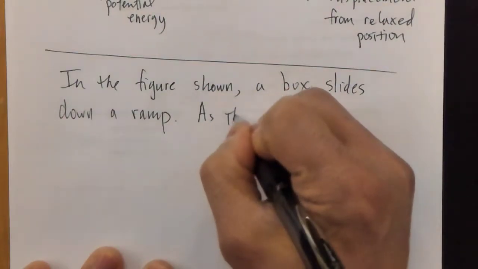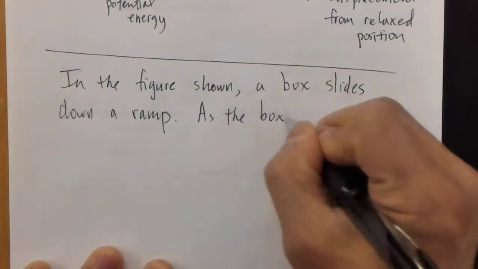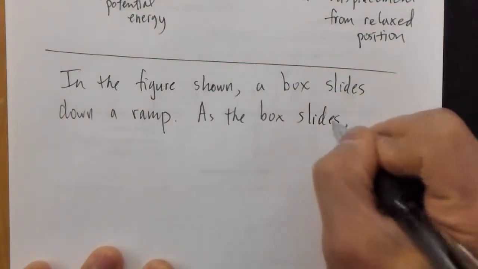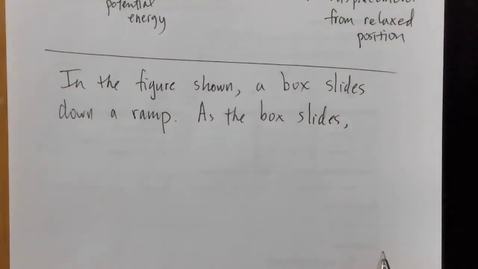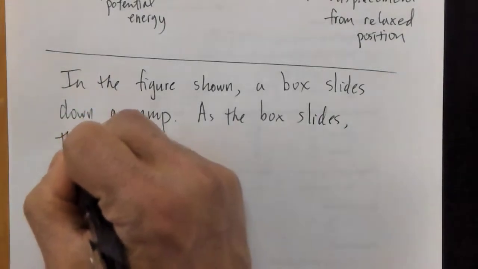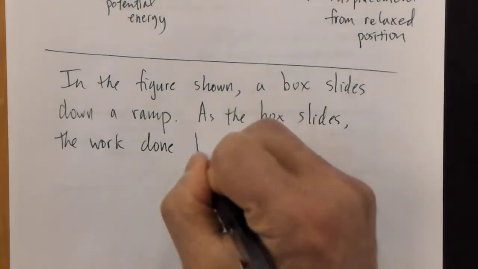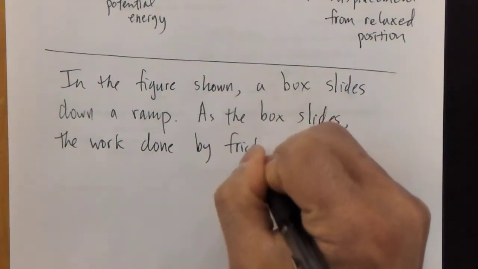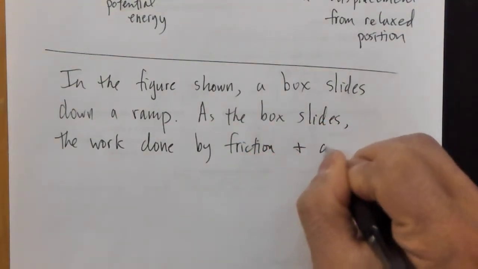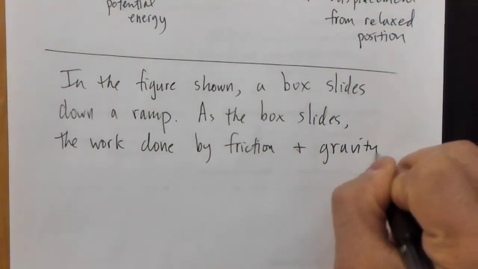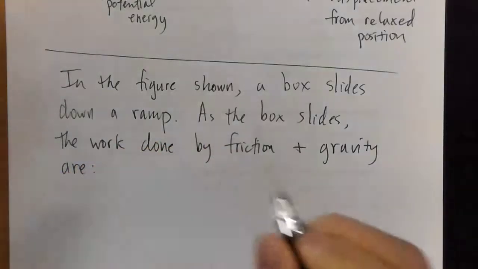As the block slides, the work done by friction and gravity are, and here are the choices.